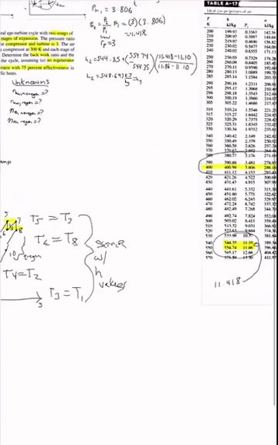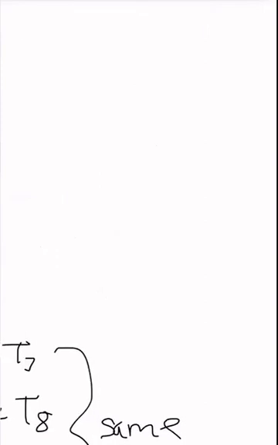So we're going to be switching temperatures, so we can say at 1200 degrees Kelvin, this is T5 equals T7, so our H5 and H7 values are going to be the same.